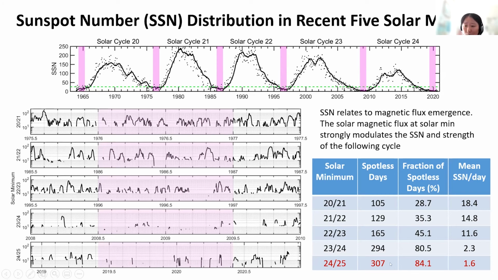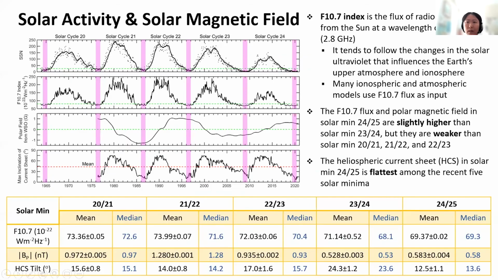And we notice there are more spotless days for this minimum. And F10.7 and the polar magnetic field from Wilcox Solar Observatory are slightly higher in this minimum than the minimum 23-24, but they are weaker than the former ones.